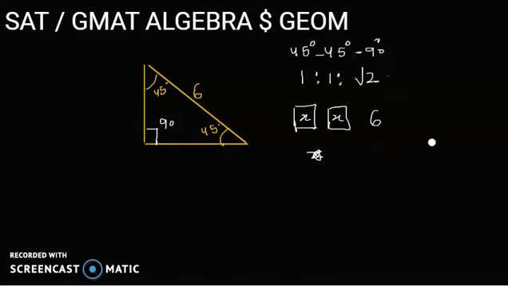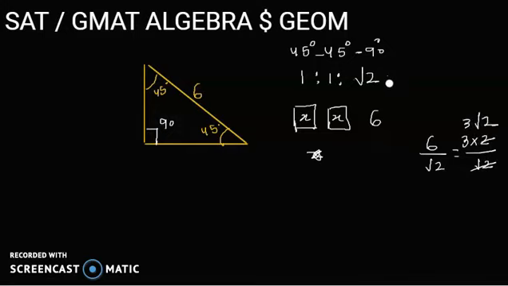So for that we have to divide 6 by √2, and 6 is 3 times 2 by √2, and if you cancel this you get 3√2.